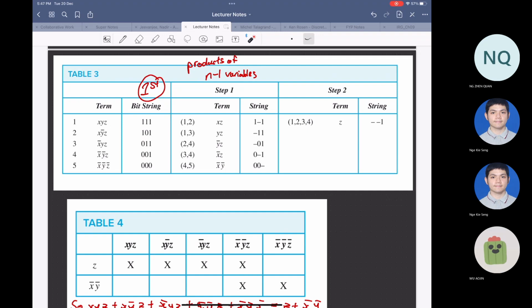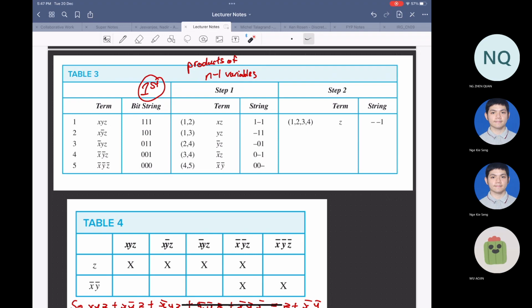If you cannot see, look at these two first. These two differ in 1 literal, so when you combine these two, you get Z. If you combine these two that differ by 1 literal, they also get Z. So no matter how you combine, you still get Z. Happy? What's the question?